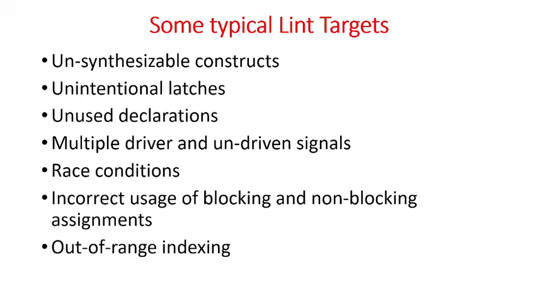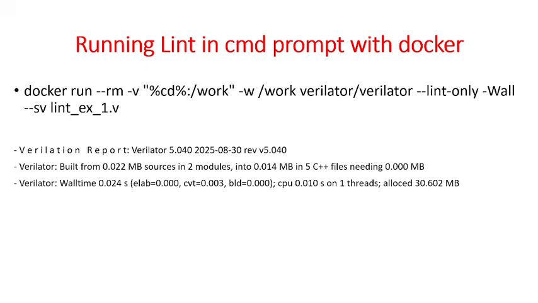I need not explain these things very well. Okay, from the bullet point itself, it is understood what it means. Race conditions, then incorrect usage of blocking and non-blocking assignments, out of range indexing. So these are some examples which are classified under linting errors.